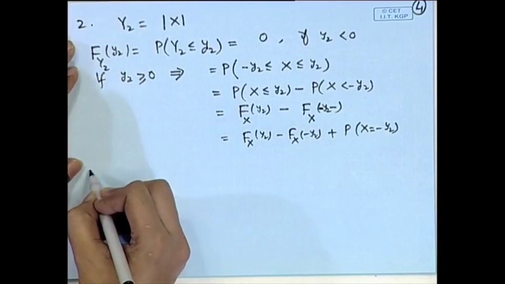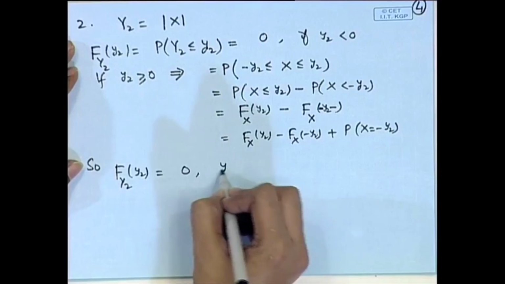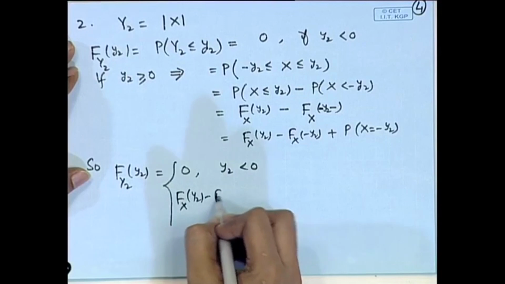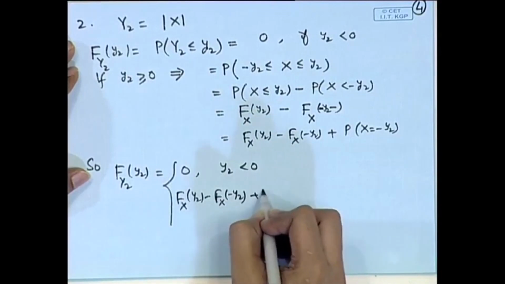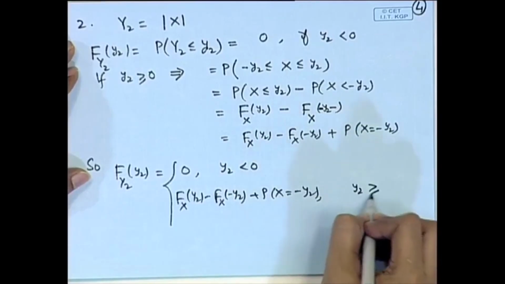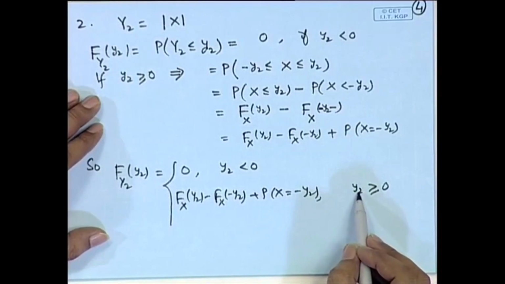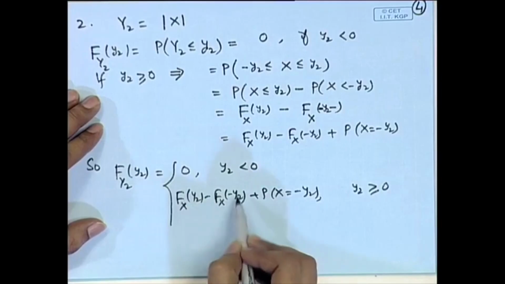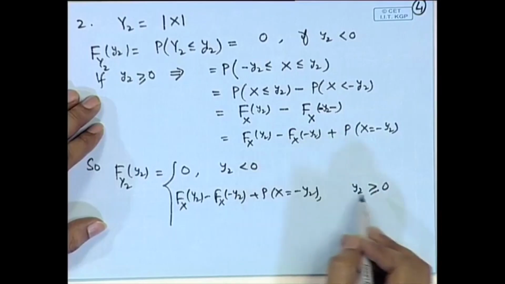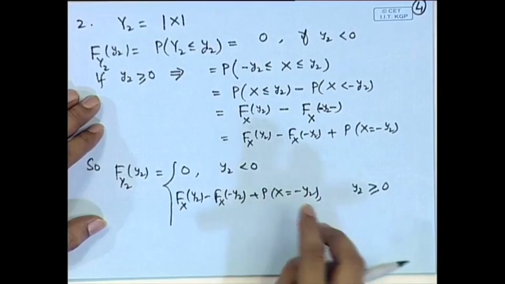Therefore, the CDF of y2 is 0 if y2 is less than 0, and it is F x of y2 minus F x of minus y2 plus probability of x equal to minus y2 if y2 is greater than or equal to 0. Here you can note that if y2 is equal to 0, then the first terms will vanish and this will reduce to probability of x equal to 0. Also, if x is a continuous random variable, then this term will vanish.